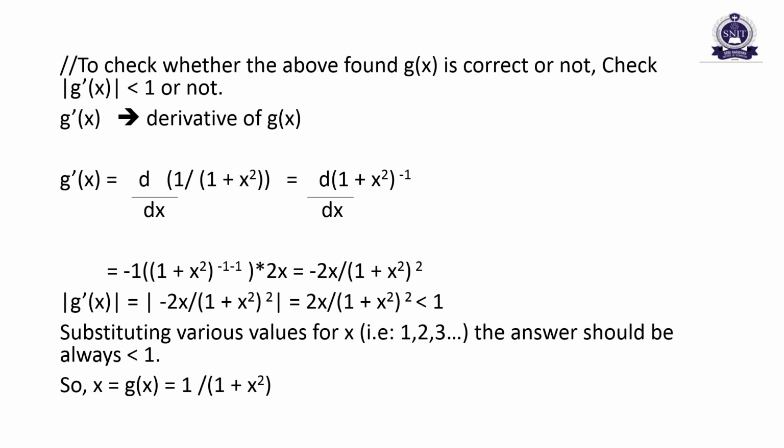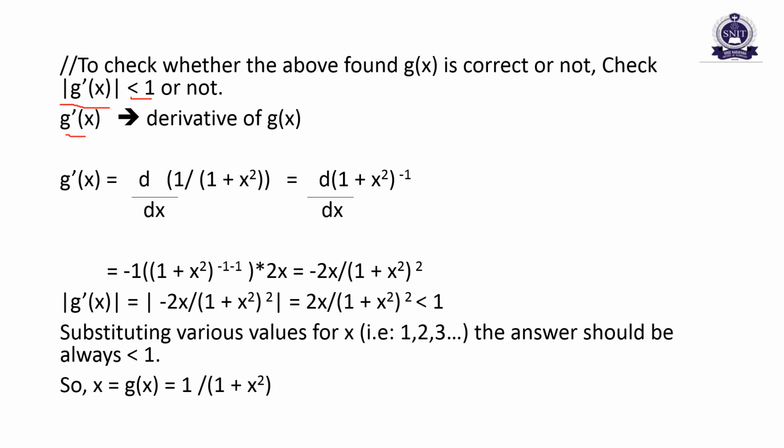Now we have to check whether the g(x) found above is correct or not. For that, you have to see whether modulus of g dash of x is less than 1 or not. That we have to check.